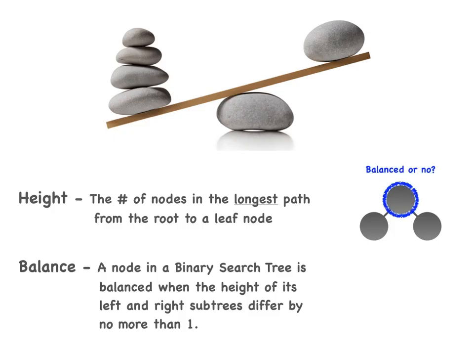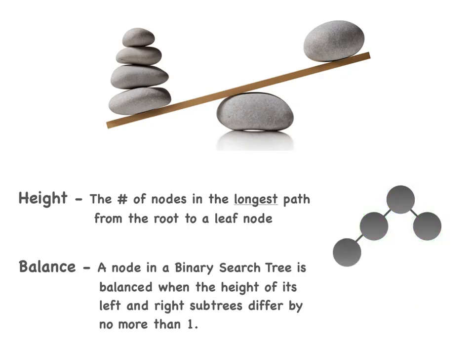To do that, I'll need to compute the height of the left and right subtrees and compare them. So, for the left subtree, there's only one node in it, so the height for my left subtree is just 1. On the right side, once again, only one node, so the height is just 1, giving me a height difference of 0. So this tree is balanced.